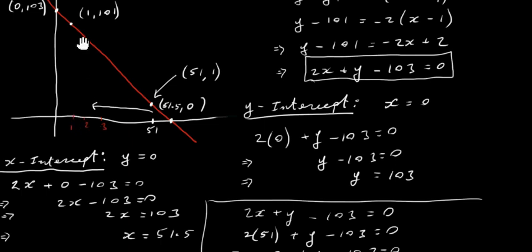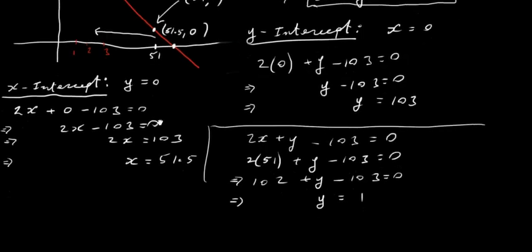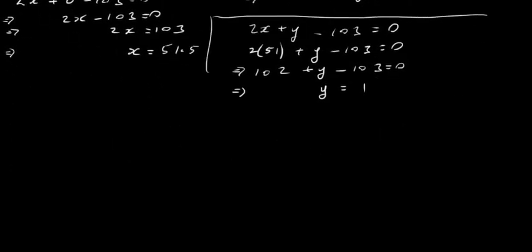When I get to 1, I still have a positive x value and a positive y value. After 1, I'm down to 0, but 0 is not positive, so I stop at 1. So I'll end up with 51 positive whole number x values and also 51 positive whole number y values. So my answer here then is 51.